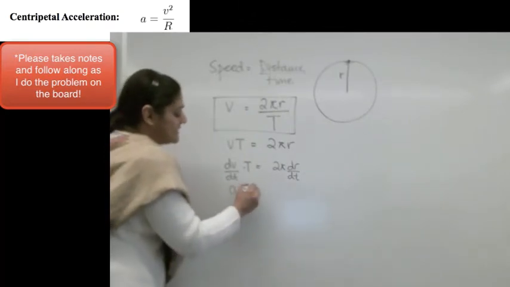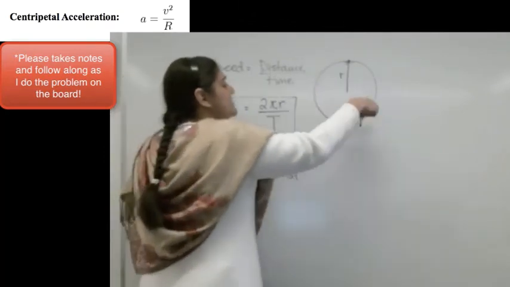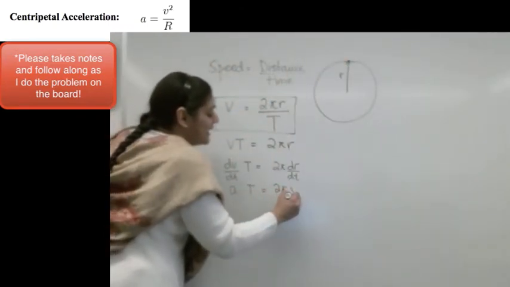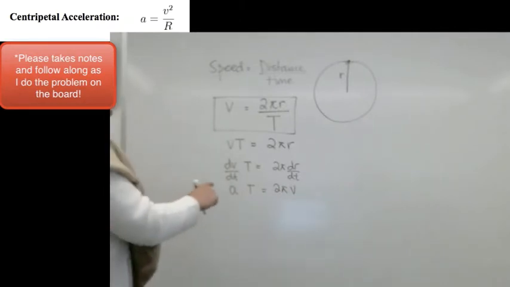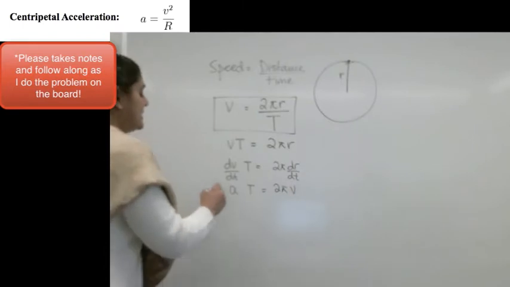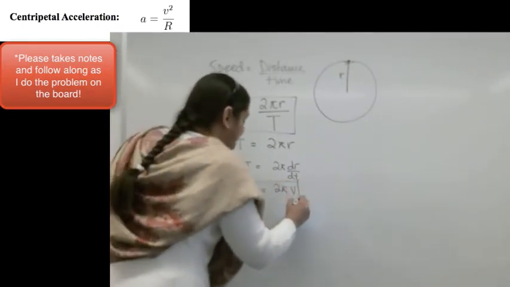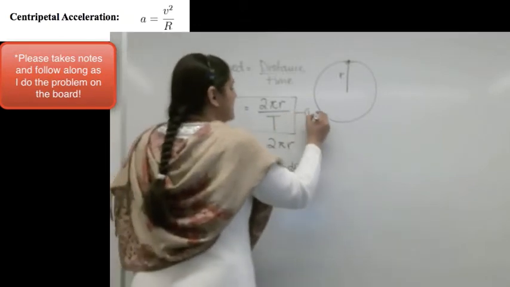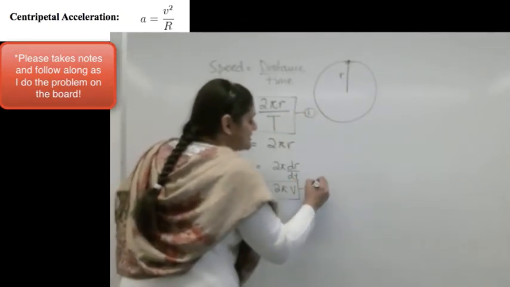Acceleration. T is just a number because it's for the whole circle. And dr by dt is v, so it's going to be aT equals 2 pi v. Here's another formula that we got. Okay, so now I have this expression. I'm going to call this expression 1, and I'm going to call this expression 2.